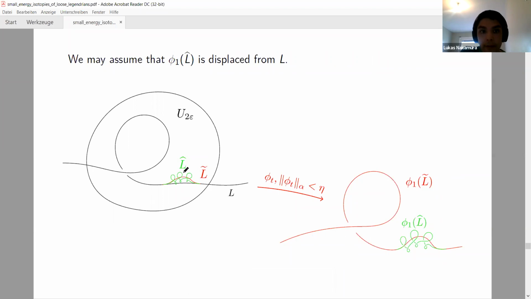So what do we have now? We have this loose Legendrian L hat, which is displaced from L via an isotopy with energy smaller than eta, for some positive number eta. Okay, so now remember that we chose L hat in such a way that it is formally isotopic to L. And what this means, by Murphy's h-principle, is that we can actually find an isotopy from L to L hat.